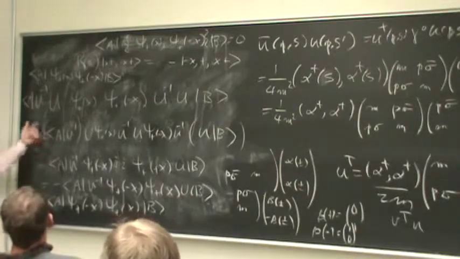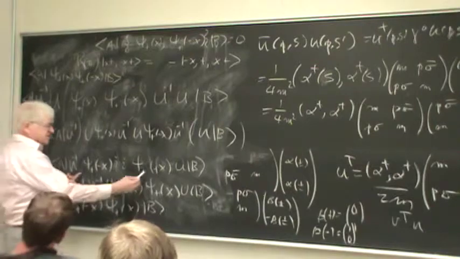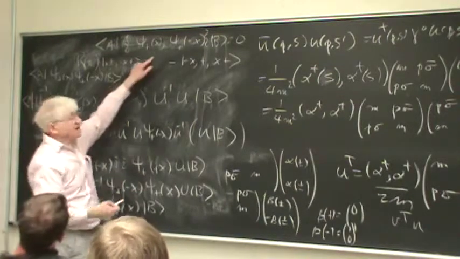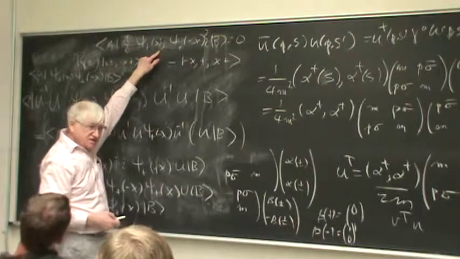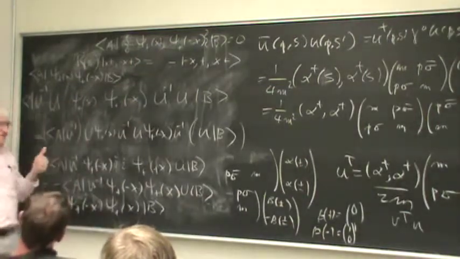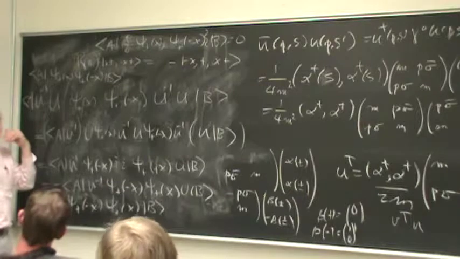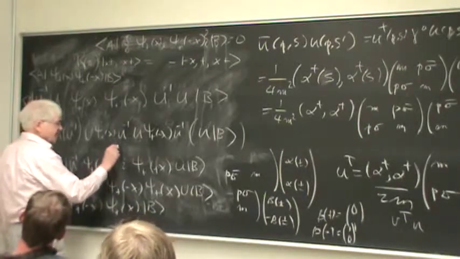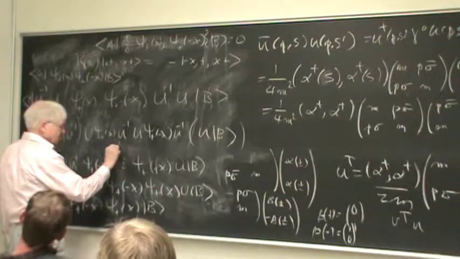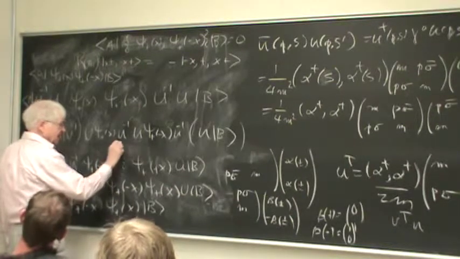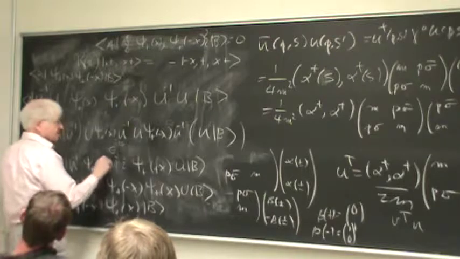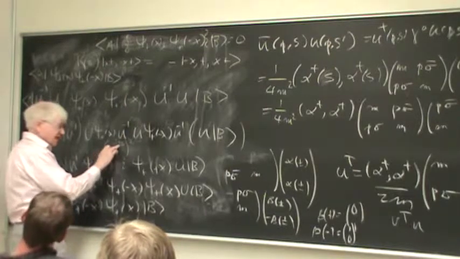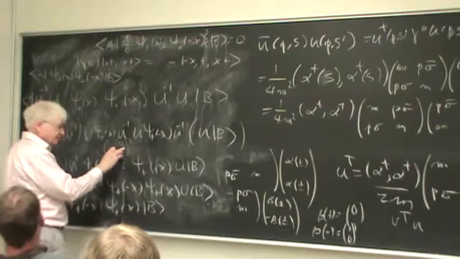On the other hand, if this was a scalar field, there wouldn't have been any i. We would have had commutation relations. In fact, if this were a particle of spin s, what we would have gotten here would be e to the i pi s, squared. Pi is the rotation, s is the spin.